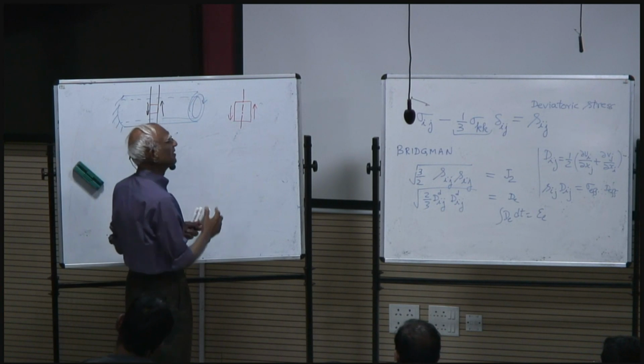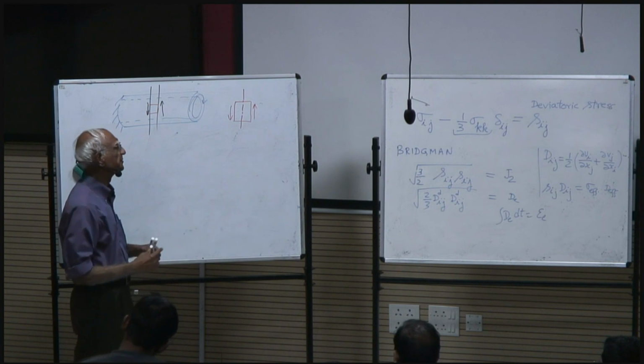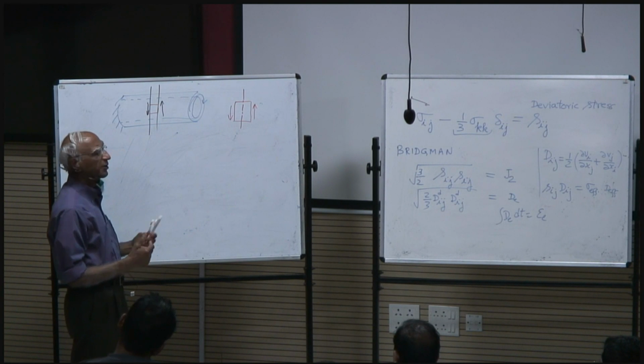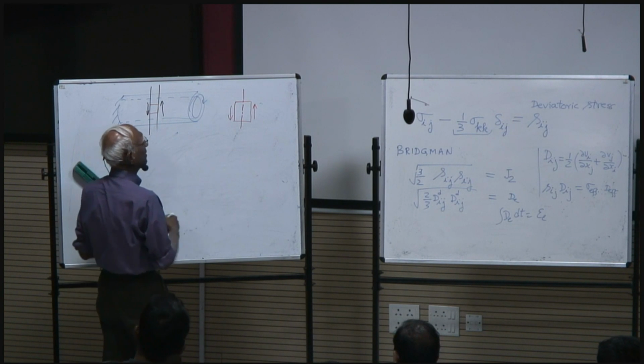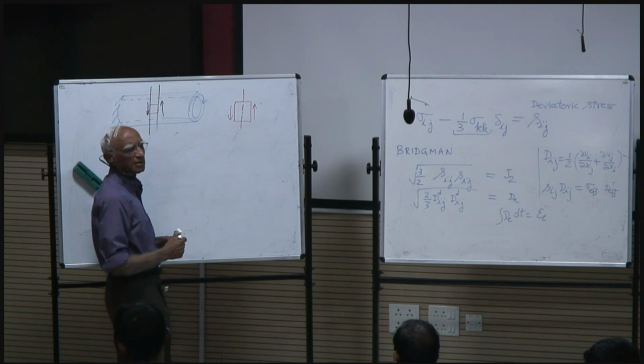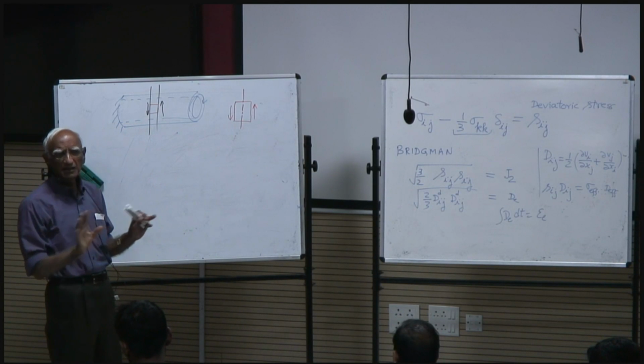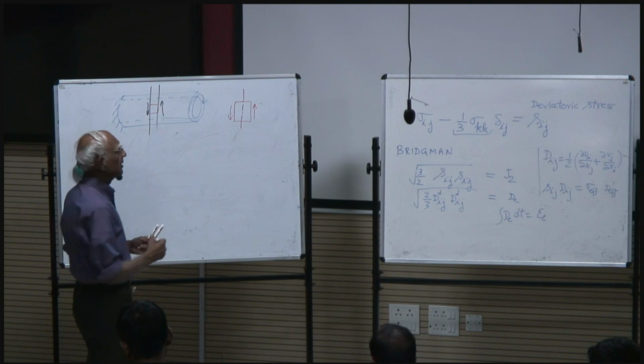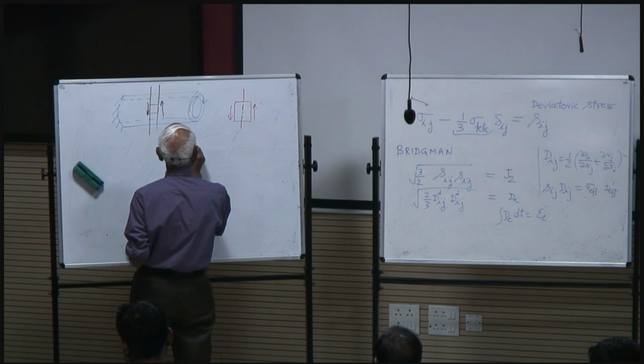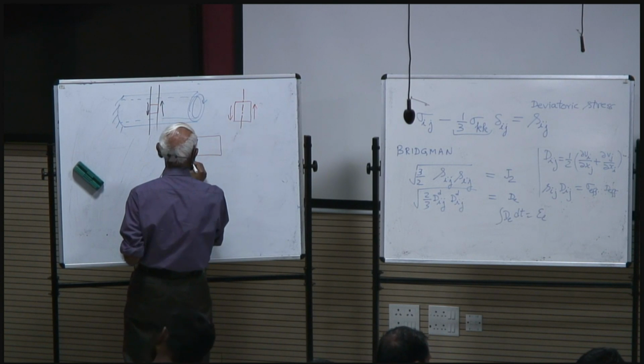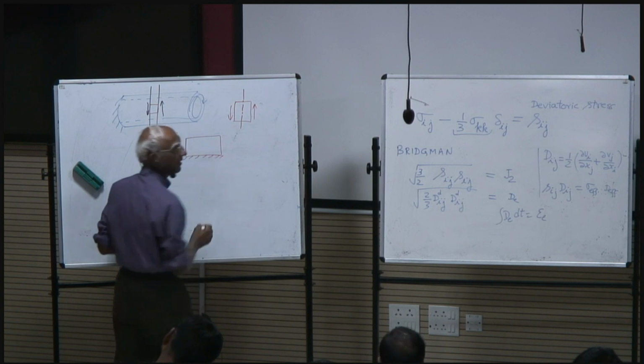Now just for my own thinking or view, let me rotate it through 90 degrees. But it doesn't change the problem. So I'm going to rotate it through 90 degrees and look at this piece. So this axis of symmetry is this one, and I'm going to do half of the problem.